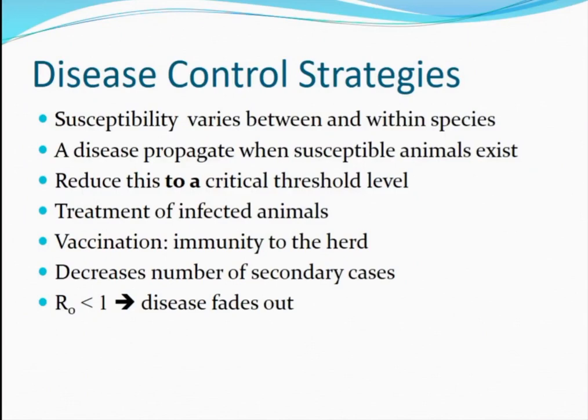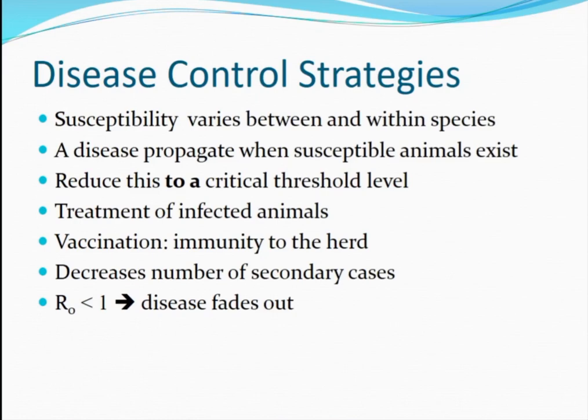The role of a veterinarian or the personnel in charge of the zoo is to make sure that the population of susceptible species is held below a critical threshold level, and only above the threshold level will the disease propagate. Now this can be achieved by making sure that the animal population that you have is not susceptible to any infection.